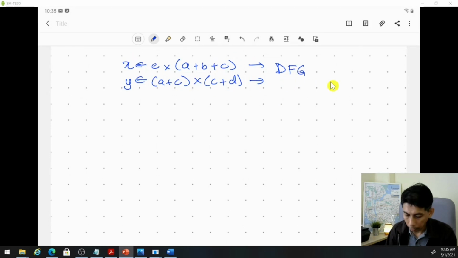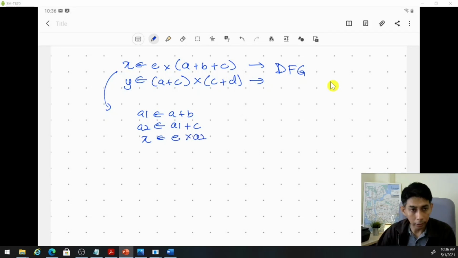We can create the single assignment form, where we have something like this: a1 is a plus b, a2 is a1 plus c, and x is e multiplied by a2. So this is the single assignment format, and from this we can create the DFG.